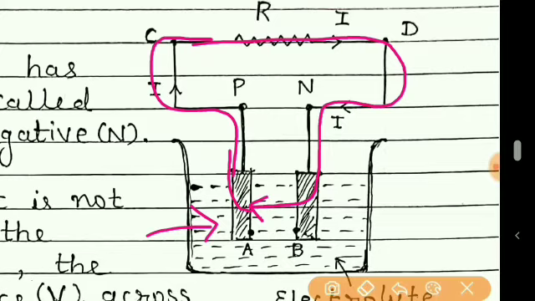So whenever the current flows in the electrolyte from B to A, there is a small resistance offered by this electrolyte, and that resistance is called the internal resistance of this chemical cell, denoted by small r.